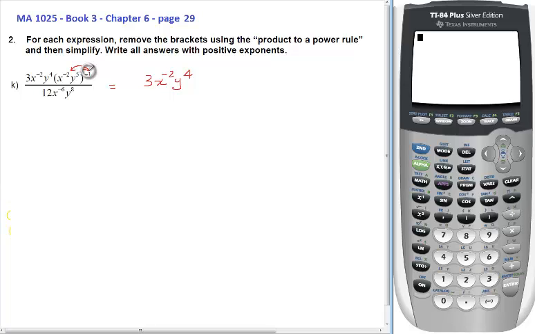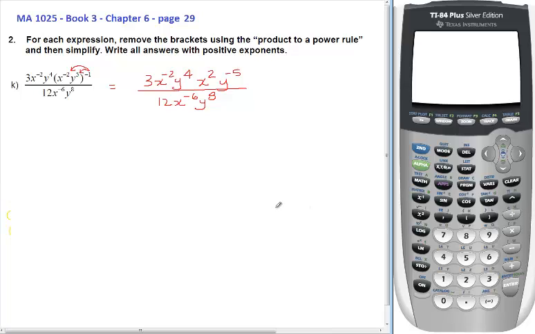Power raised to power, you multiply. So I'm going to do x. Now negative 2 times negative 1 is positive 2. And y to the power of 5 times negative 1 is negative 5. And the denominator I'm not going to change in the first step at all. 12x to the power of negative 6, y to the power of positive 8. So there's my first step.